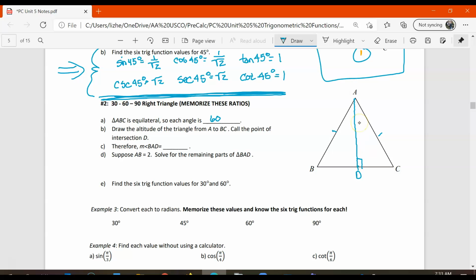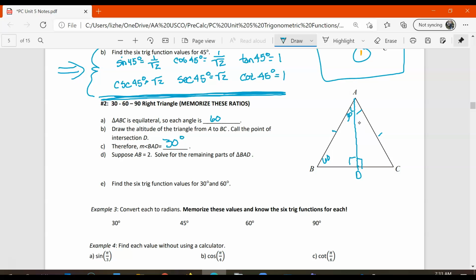It's all those special segments. Therefore, this little angle equals that little angle, and BAD is 30. So what we have created here is a 30, 60, 90 right triangle.